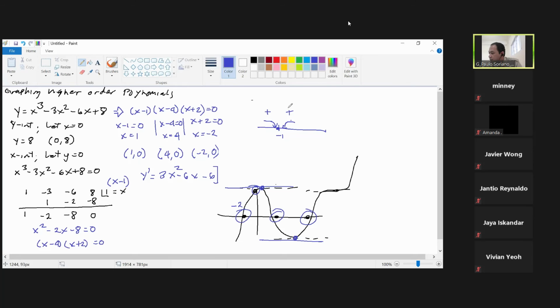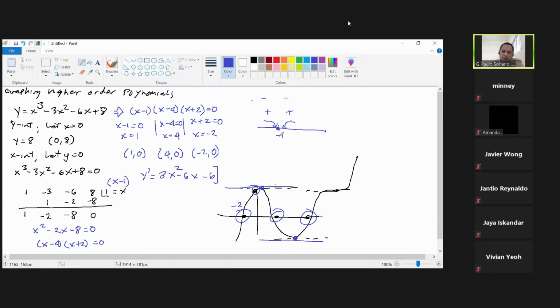This is now on page 50. If f prime is greater than 0, then it is now increasing. If we know that, then that means our graph is going up. If it is minus and minus, then that means it is now going down. Understand?